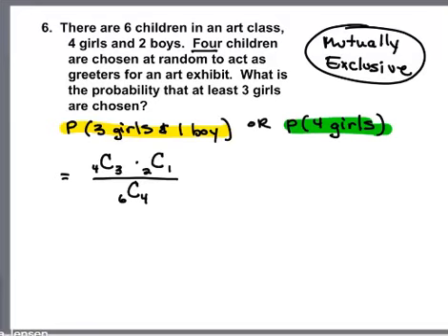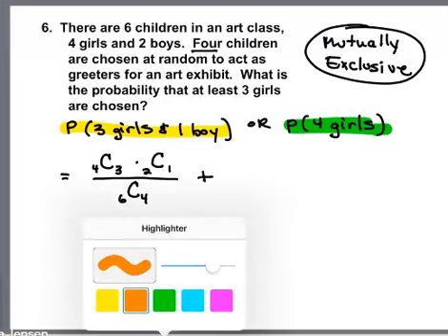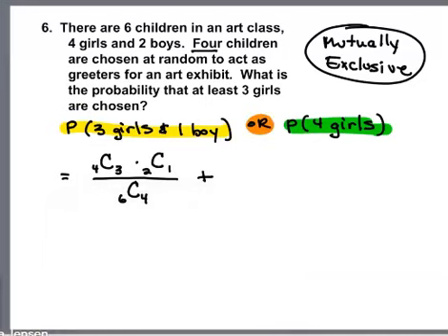And we're going to add that together because it is an OR problem. Remember, we're going to add. So how many ways can we pick 4 girls? So out of 4 girls, how many ways can we pick 4? Out of a group of 6 of any kids, how many ways can we pick 4?